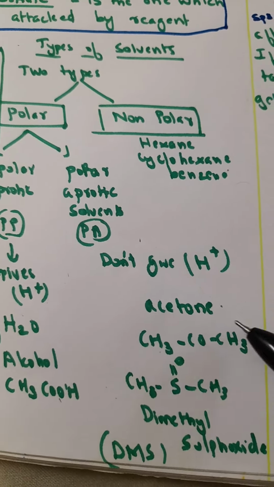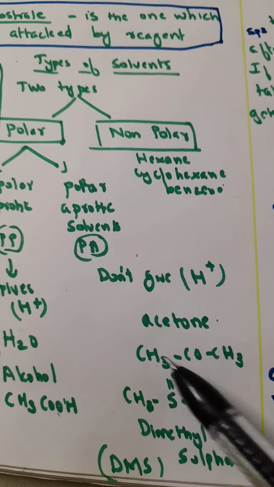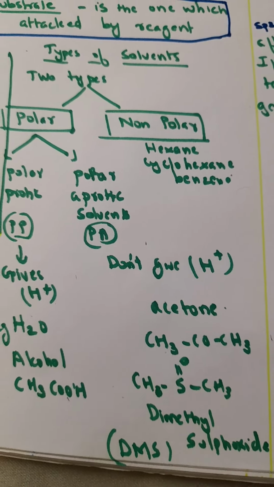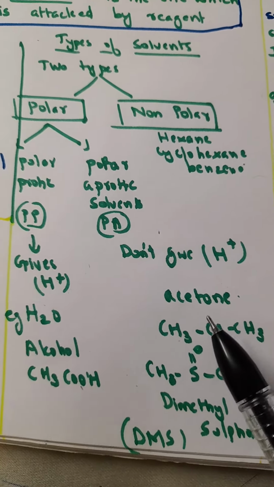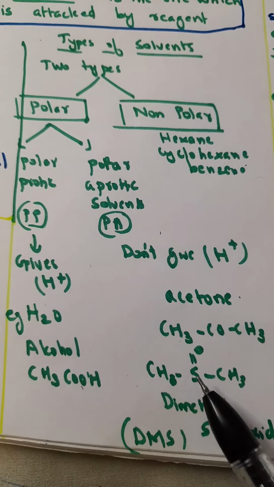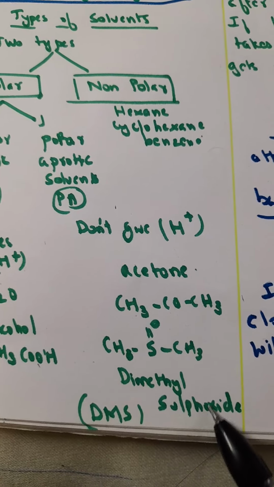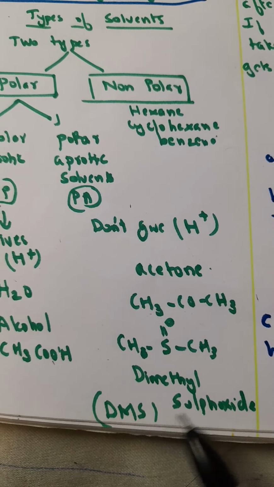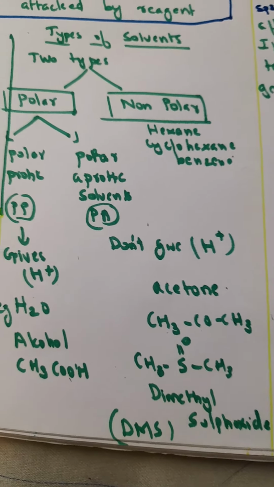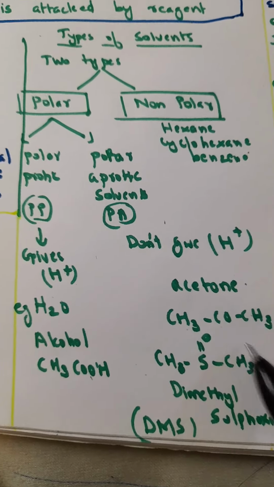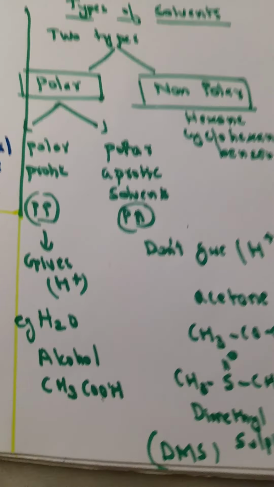For example, we have acetone, CH3COCH3. Suppose we substitute this carbon with sulfur, we get CH3SOCH3, we call it dimethyl sulfoxide or DMSO. See, there are different classifications among this. We are not going into detail about this.